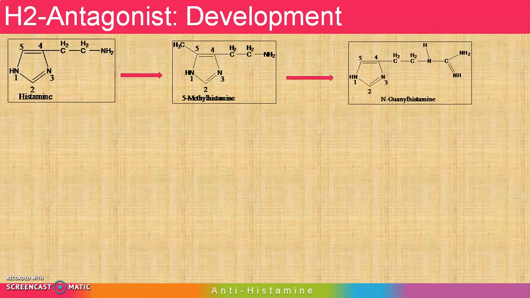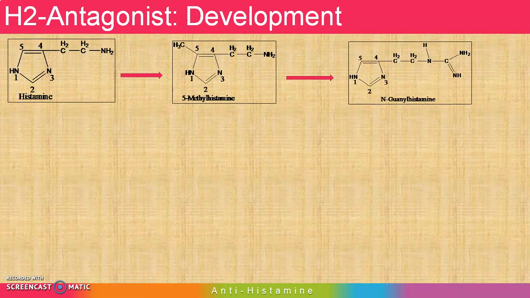So the further development took place by adding the guanidine analog of histamine. The example is N-guanyl histamine, which was found to have weak antagonist activity against the acid secretory action of histamine. No doubt this is the first antagonist, but the activity is found to be on the weaker side.